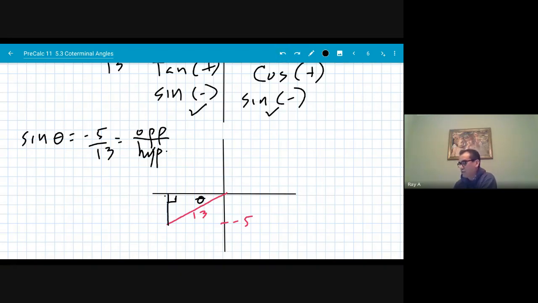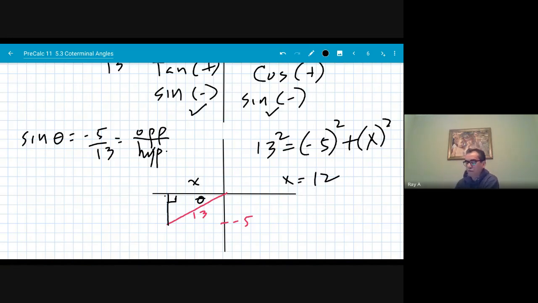So if you use Pythagoras and you are looking for this side here, you will see that 13 squared equals negative 5 squared plus x squared. Just solve it using Pythagoras, and that would be 12. You should be able to do that.